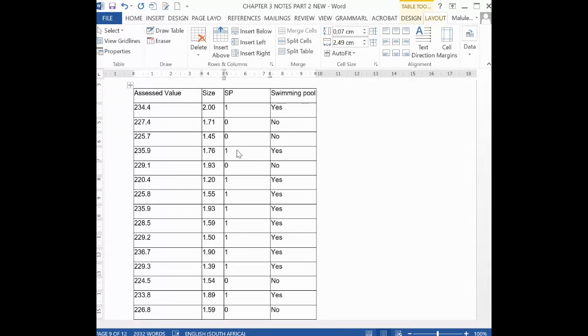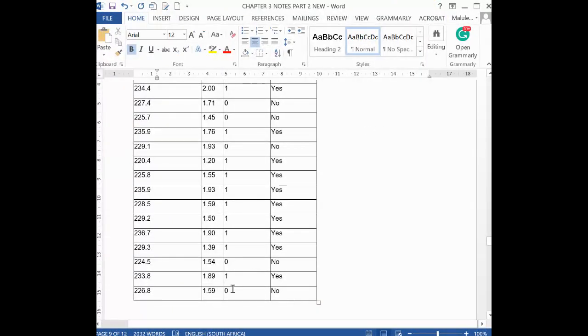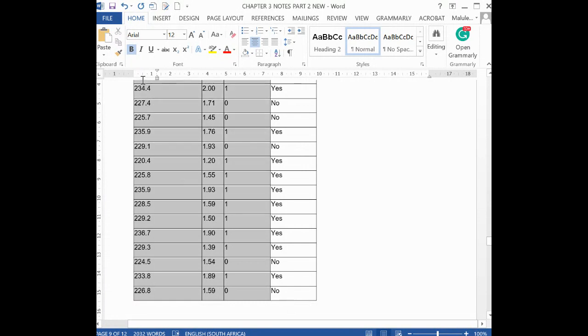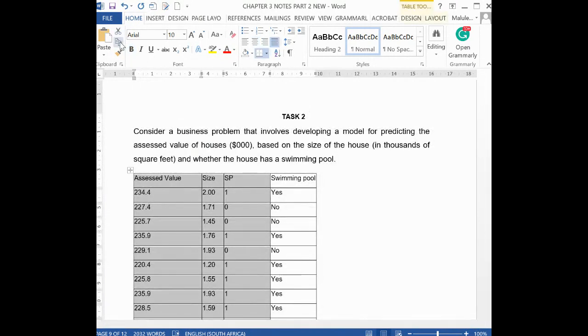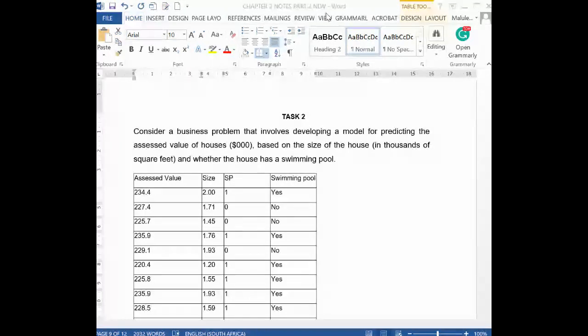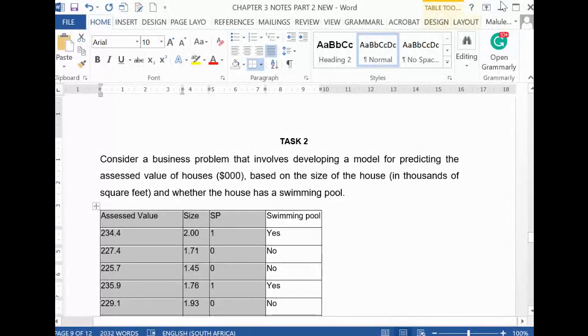I will run this using Excel, because what is important is to know how to interpret your betas, especially the categorical one.